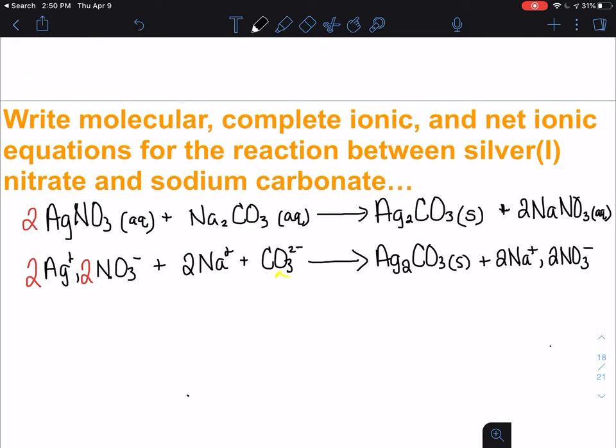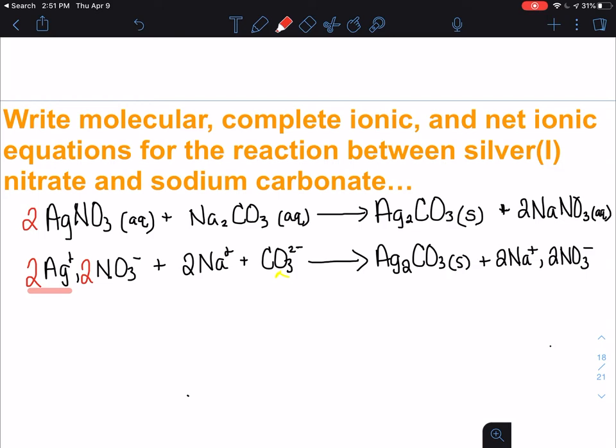Now I'm going to identify the spectator ions, take those out, and I'll have a net ionic afterwards. I'll start from the left. I have a silver ion here, and I don't have any over here on the product side, so I'm keeping this.